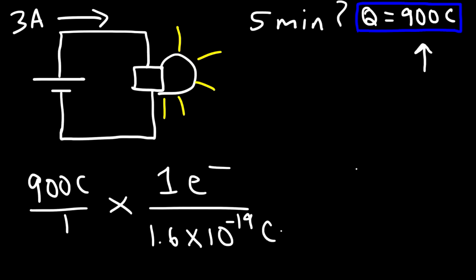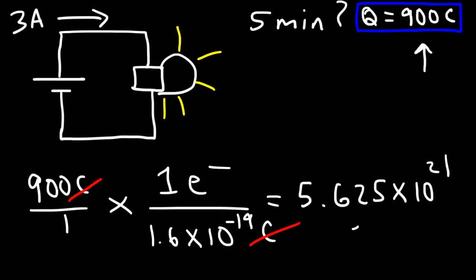And we don't need to worry about the sign since we're focused on calculating the number of electrons. So the unit coulombs will cancel. And so it's going to be 900 divided by 1.6 times 10 to the negative 19. And so this is going to give us 5.625 times 10 to the 21 electrons.